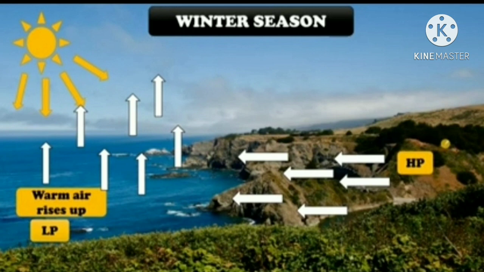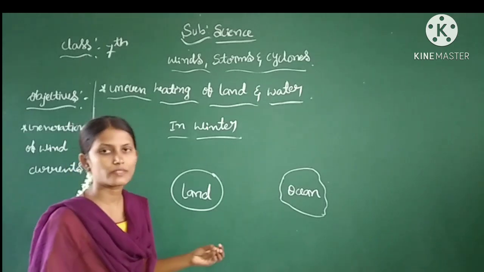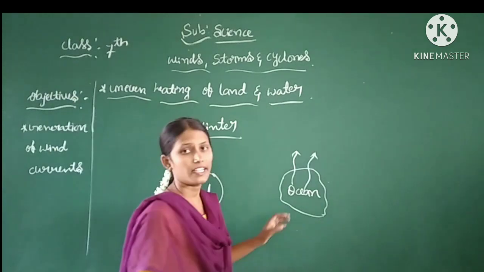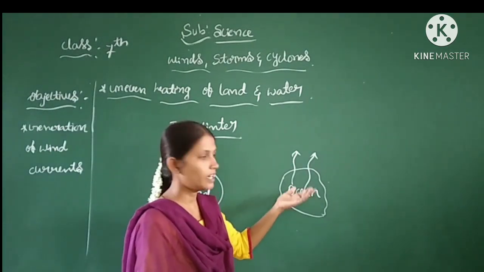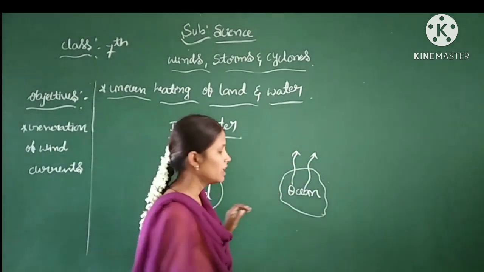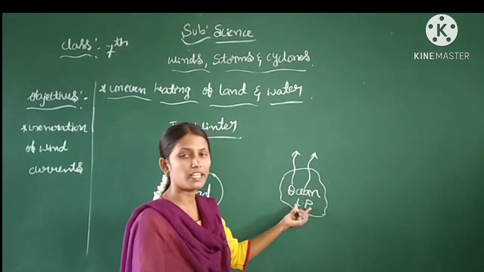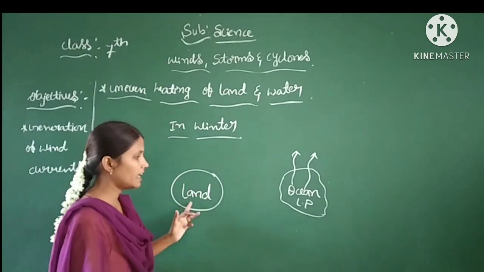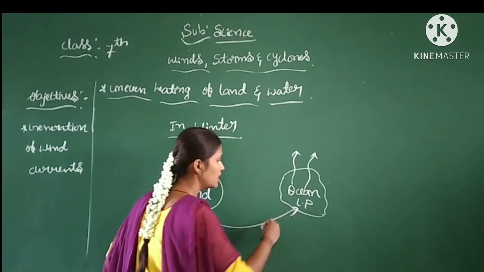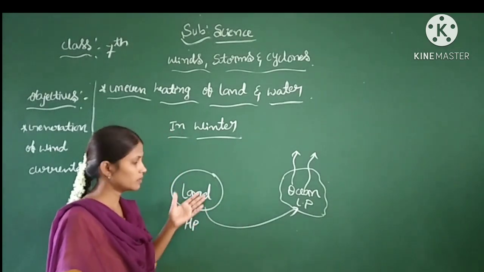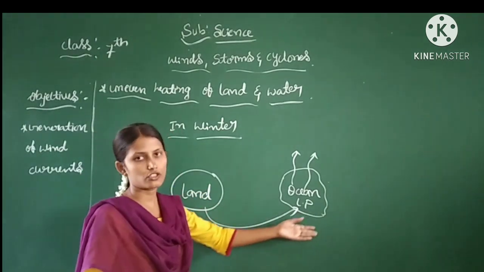So the air from the high pressure area, that is from the land, moves towards the low pressure area, as we observed in the picture. To cover this low pressure area, the winds from the land rush towards it. Here the wind moves from the land to the ocean side.